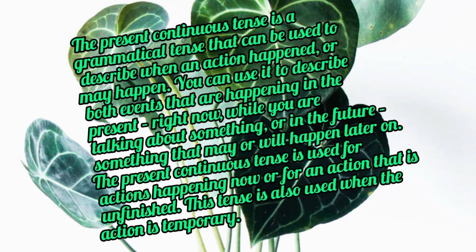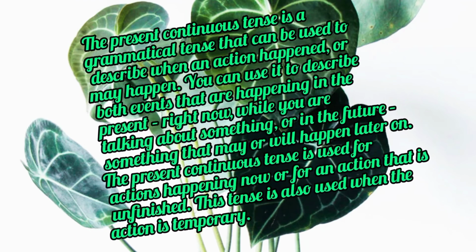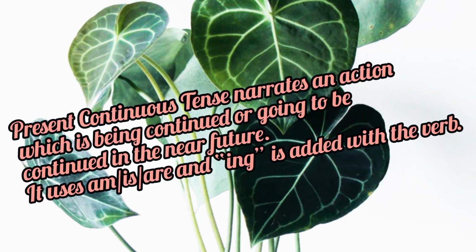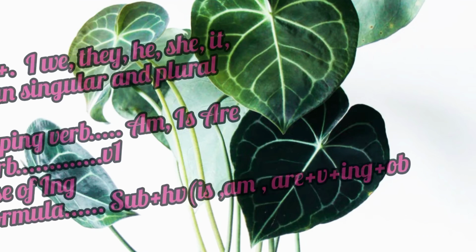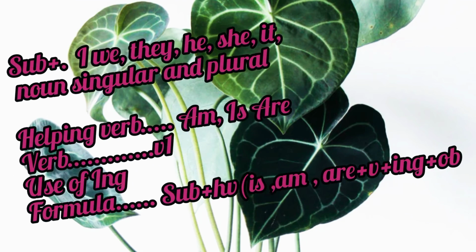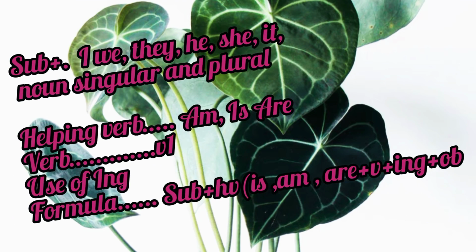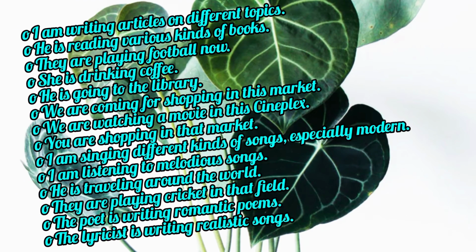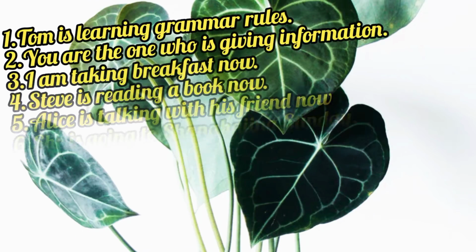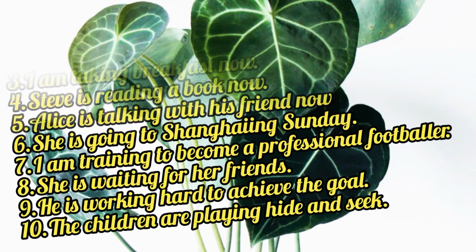Let's have a look at the first video of this tense. Definition of the present continuous tense: subject, helping verb, use of verb and ing. This is the formula to make a statement in affirmative. How we can express our action in affirmative. See these examples. Yes, these are negatives.